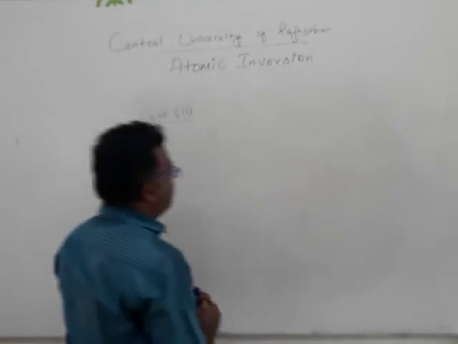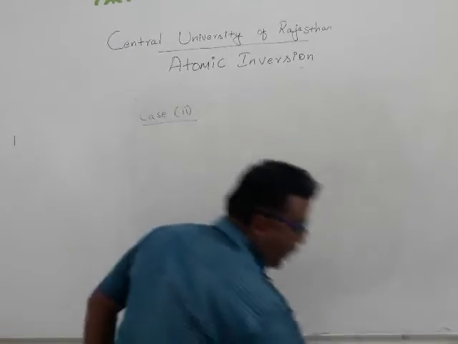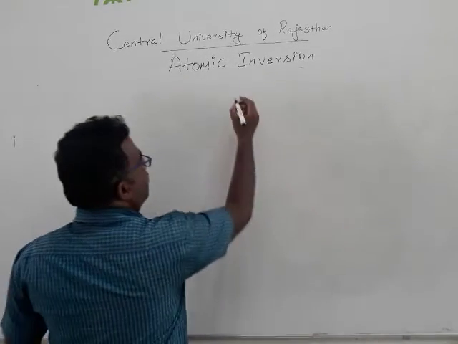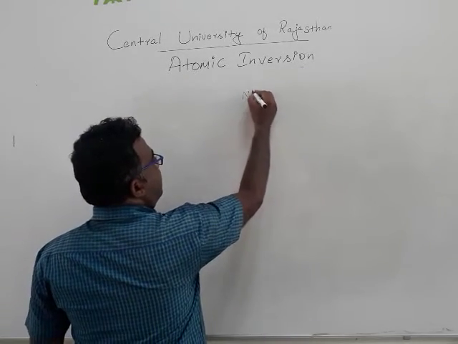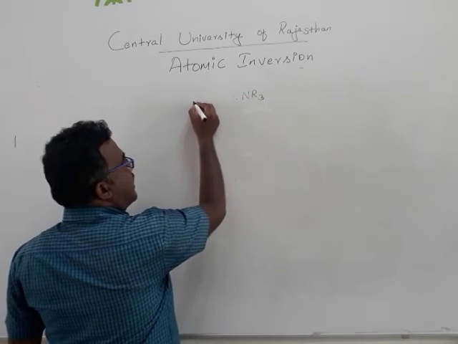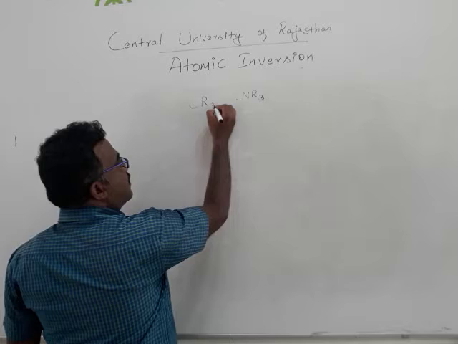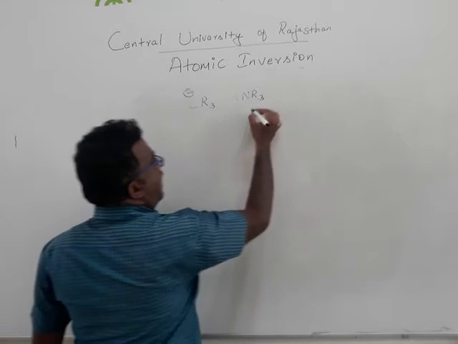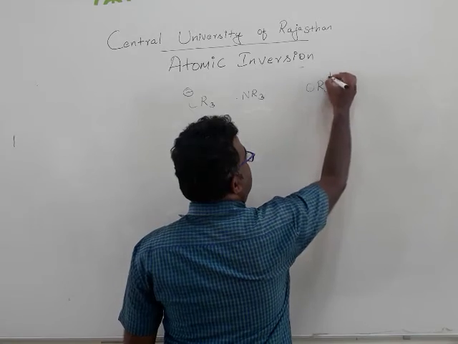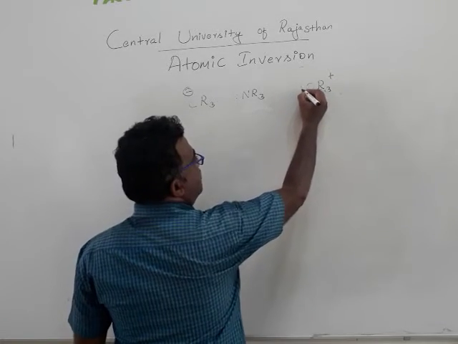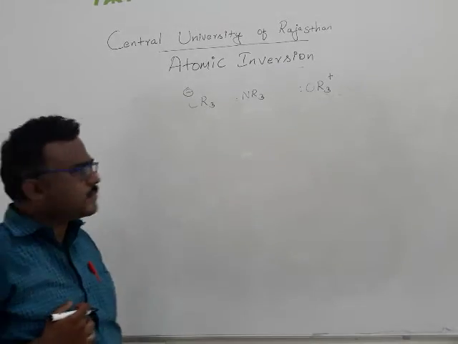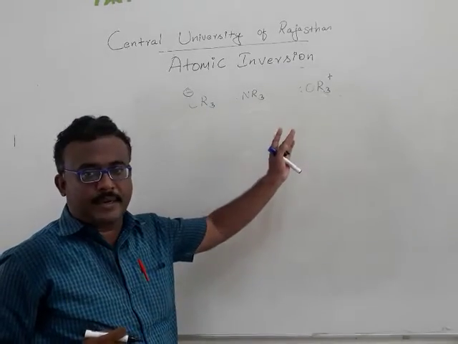As an example, we already discussed the NR3 type system. It has an isoelectronic CR3 minus, and again an isoelectronic OR3 plus. In all cases there is one unpaired electron, and all of them have pyramidal geometry.